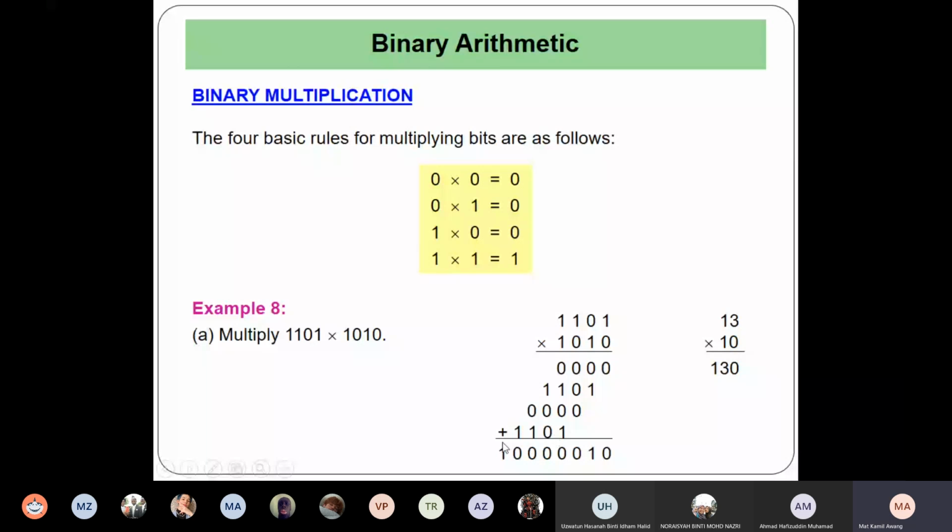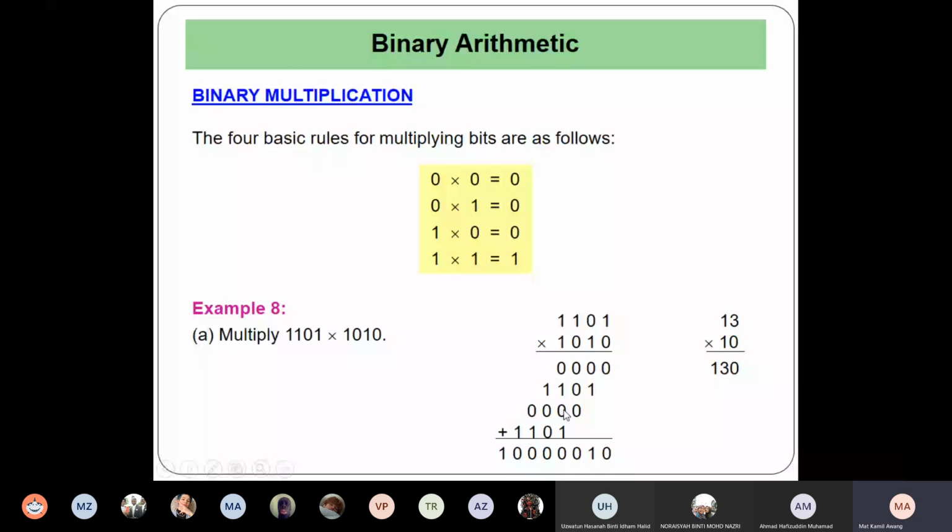What you do is you add. 0 is 0 because nothing to add with. 0 add 1 is 1. 0 add 0 add 0 is 0. 0 add 1 is 1. 1 add 0 is 1. 1 add 1 is 1, 0.